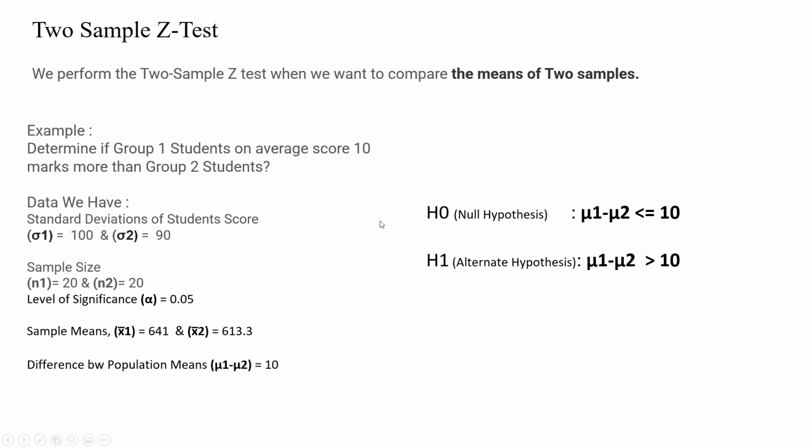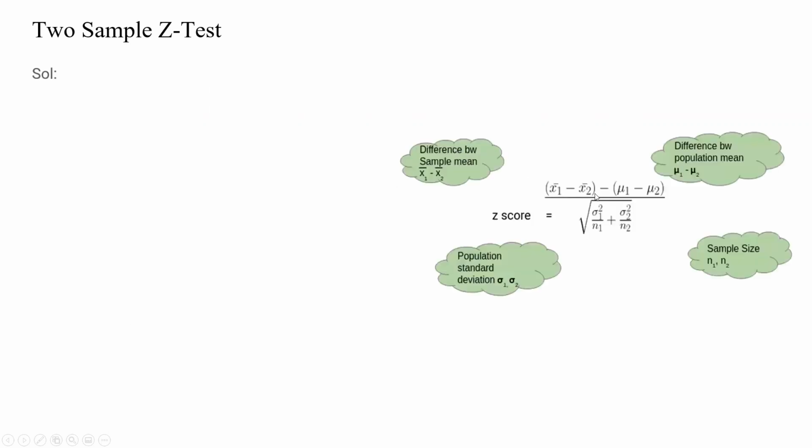So for this particular example, we will calculate the Z-score again. In this case, the formula for calculating the Z-score is slightly different. We have to take into account two sets of sample statistics: means, standard deviations and sample size.